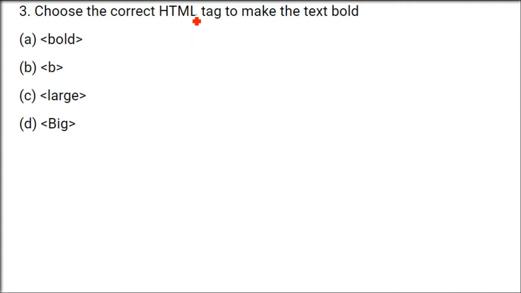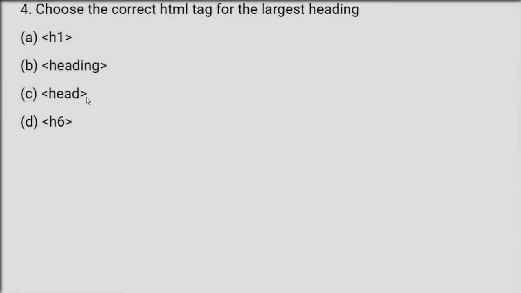Choose the correct HTML tag to make the text bold. We have seen this B. This B has to have an end tag also. Choose the correct HTML tag for the largest heading. So H1, it starts with 1 and goes up to 6.